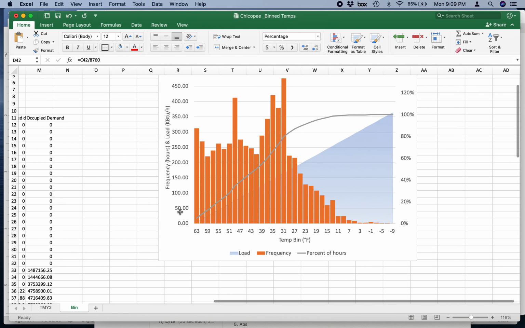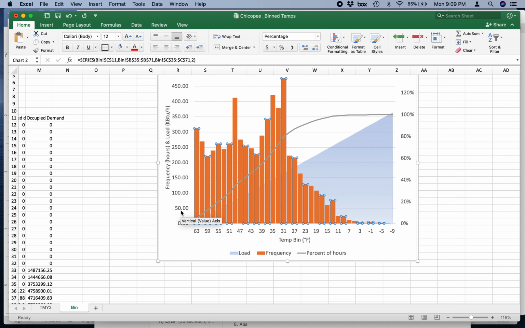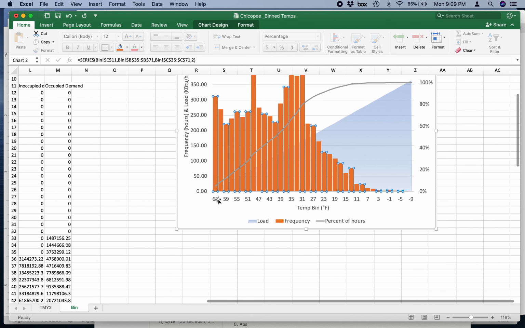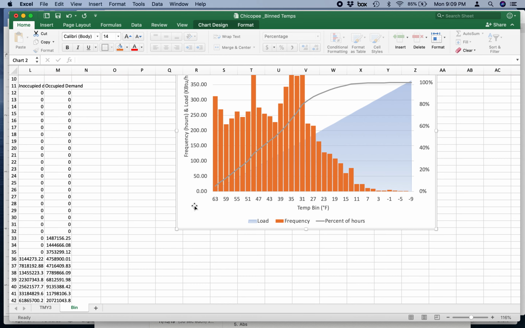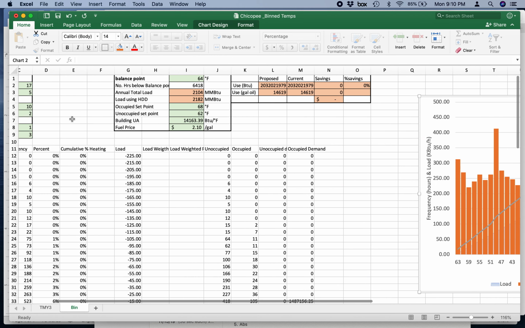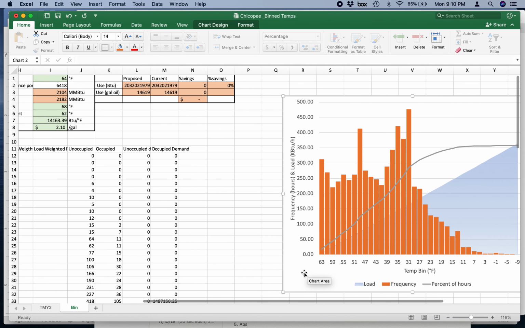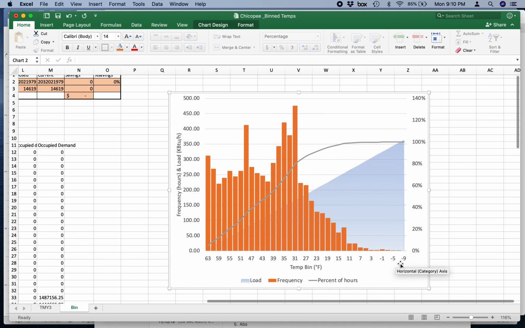And so over here we can see this is basically that frequency distribution, right? It's a histogram of all the temperature bins cooler than the balance point, which this particular building in Northfield is 64 degrees Fahrenheit. It's a pretty not great building, but we improved it a little bit.